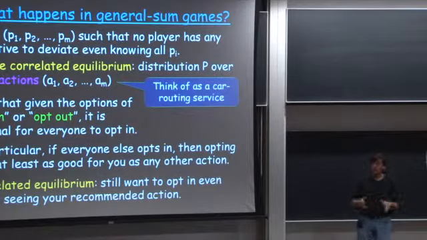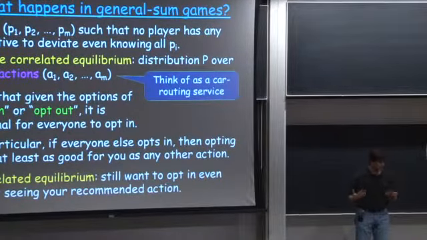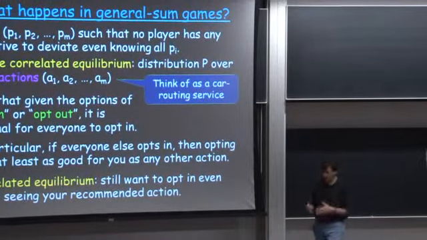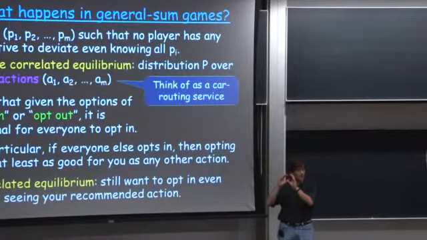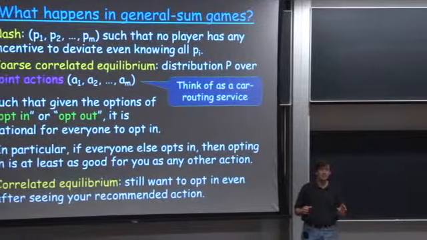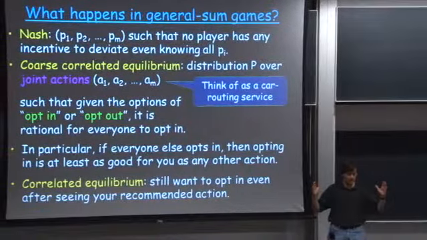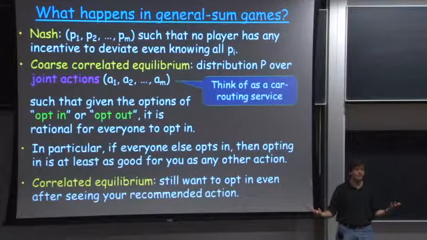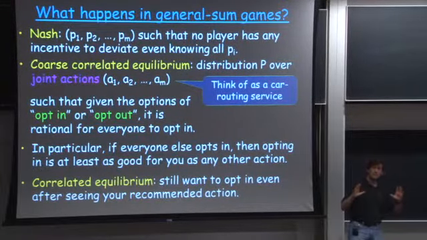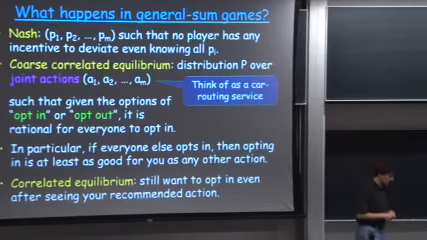Then one very nice correlated equilibrium is the uniform distribution over all entries except the diagonal. In other words, uniform over all pairs in which you're not both playing the same thing. Does that make sense?